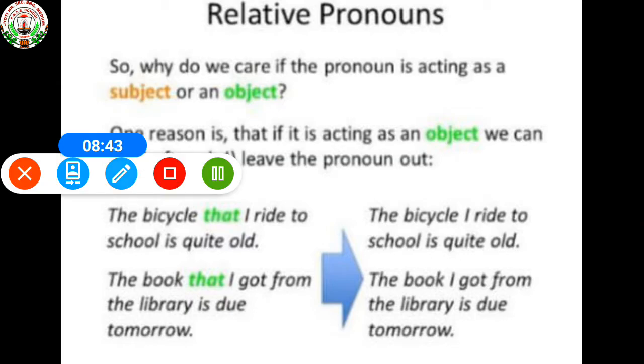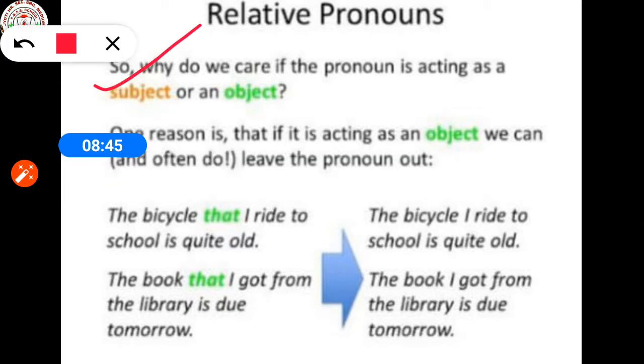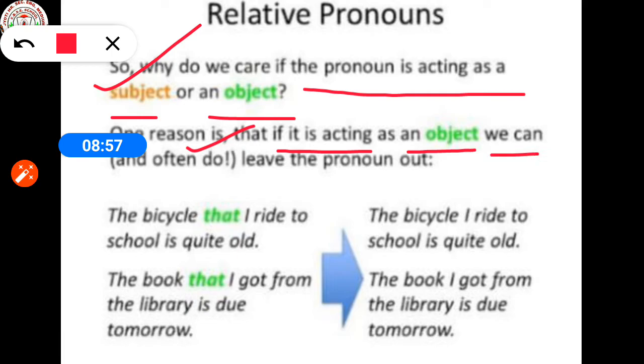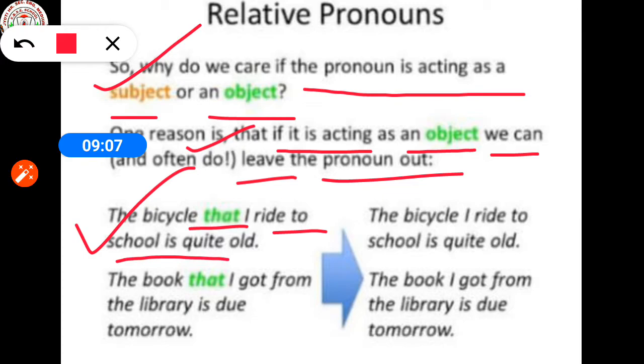So why do we care if the pronoun is acting as a subject or an object in a relative pronoun? One reason is that if it is acting as an object, we can leave the pronoun out. You can see the examples. The bicycle that I ride to school is quite old.